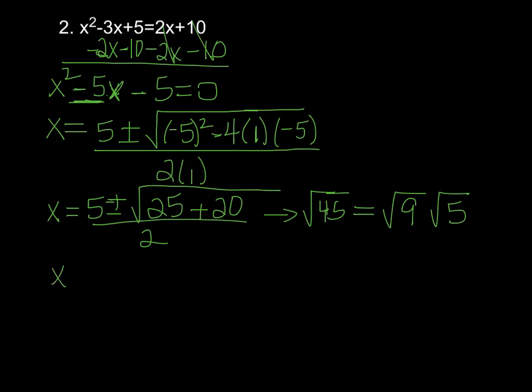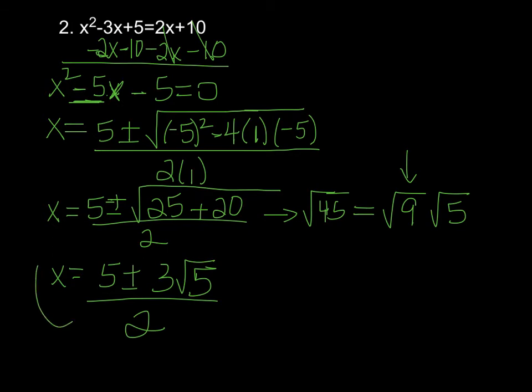So then we have x equals 5 plus or minus the square root of 9, which is a 3, radical 5, and the whole thing is over 2. Okay, and then what we do is we just go right up to our multiple choice answers, and we will see that that is choice 1.